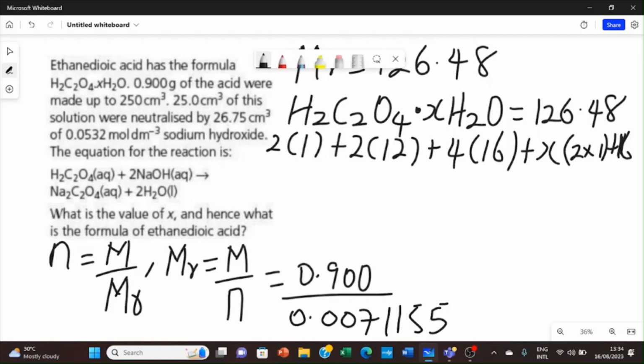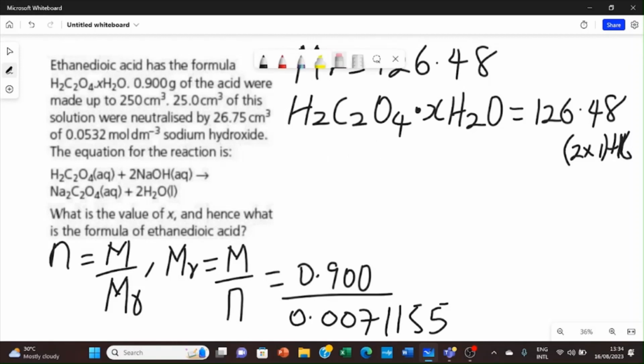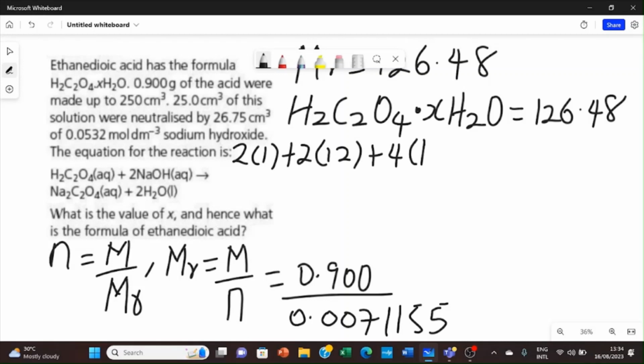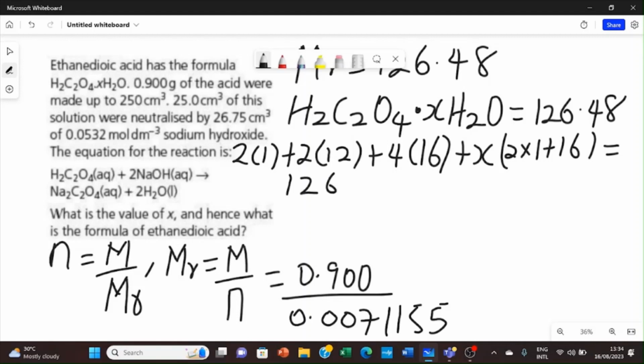Okay, let me erase this so that I'll have enough space. So you have 2 times 1, plus carbon is 12, 2 times 12, plus oxygen is 16, 4 times 16, plus X times (2 times 1 plus 16) will be equal to what? 126.48.